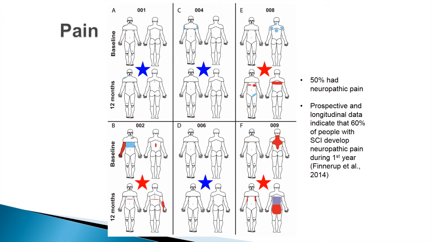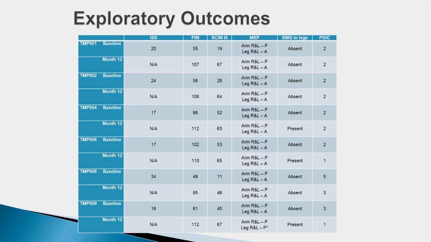And then finally, we have some exploratory outcomes that we wanted to look at. This table has several different things on it. ISS stands for Injury Severity Score, which is a measure of the amount of additional trauma the person sustained in addition to their spinal cord injury. FIM is the Functional Independence Measure, and SCIM is the Spinal Cord Independence Measure.